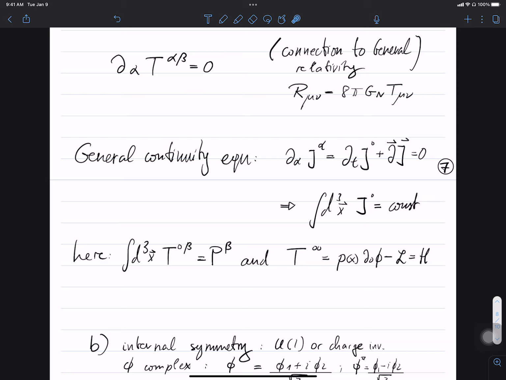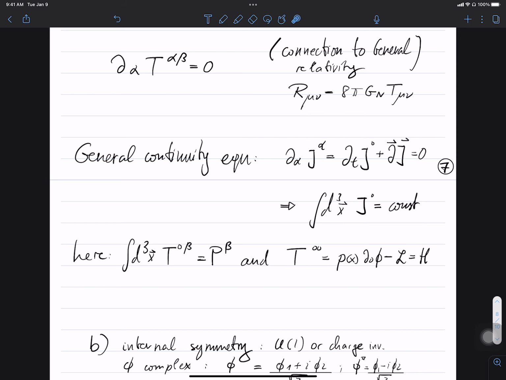So that means this integral is 0. And that also means that the volume integral of the time derivative of this 0 component is 0, which means that the volume integral over the temporal component is a constant. That means that this quantity is conserved.